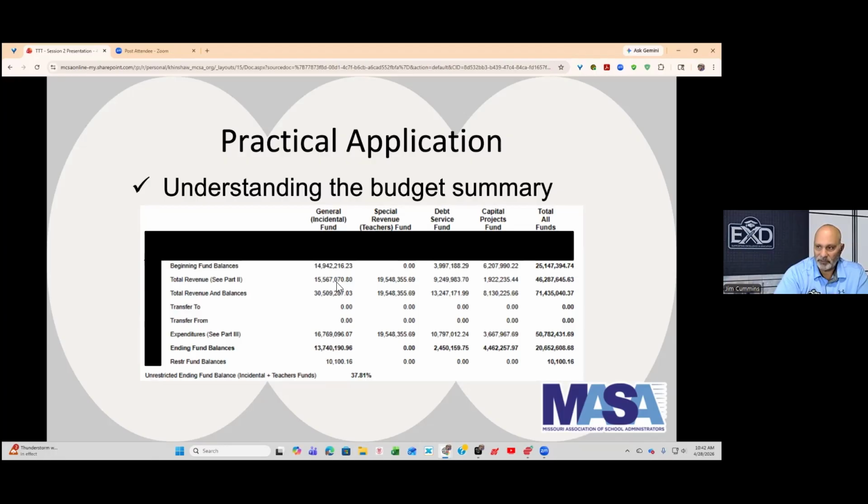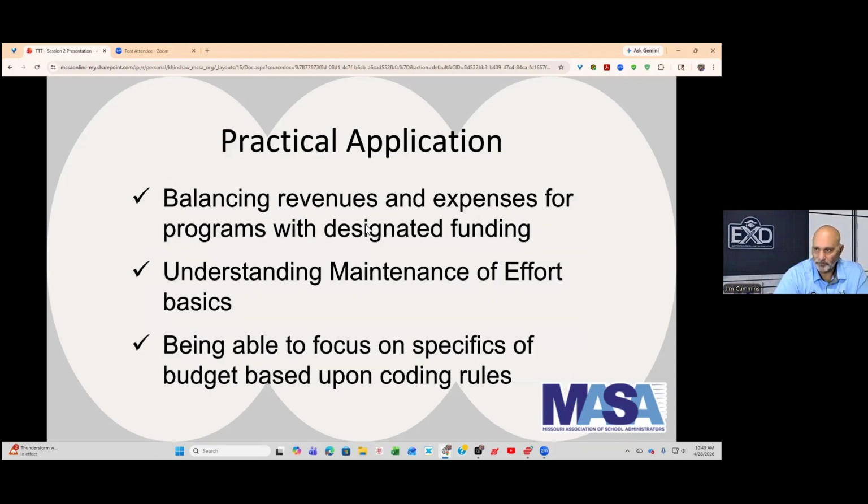You'll start with estimating your FY26 ending balances, what I've budgeted for revenues, if I'm making any transfers, what I've budgeted for expenditures, and here's what my ending fund balances will be in FY27. So that's why you have to understand which place they're going into, because this is what your budget summary will look like.